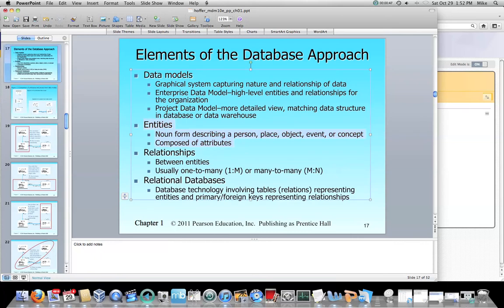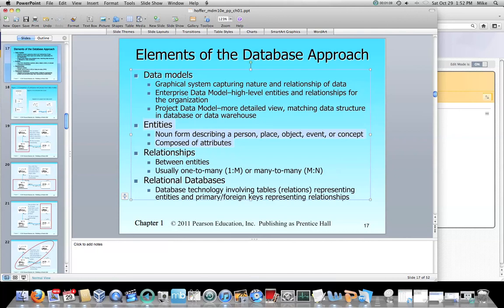They are basically nouns. People, places, and things. They can be events, they can be concepts. So when we talk about entities, those are the people, places, and things that we are trying to keep track of. And then data models are graphical systems used to describe that, and we'll do that in the next couple of slides.